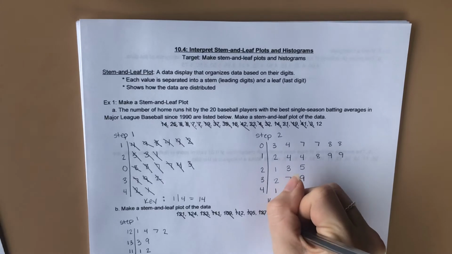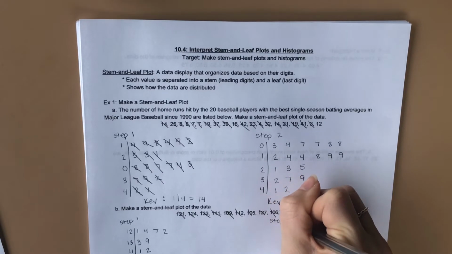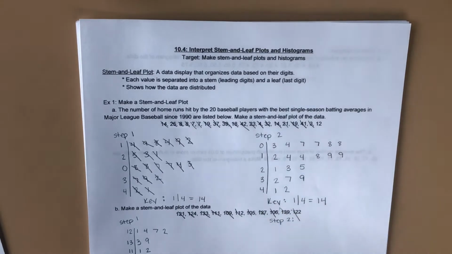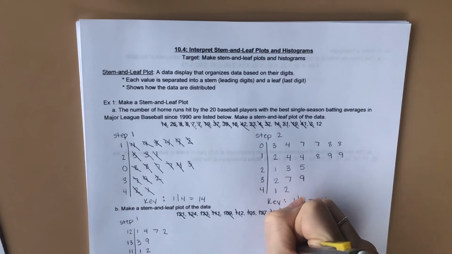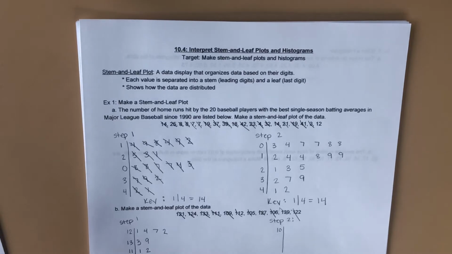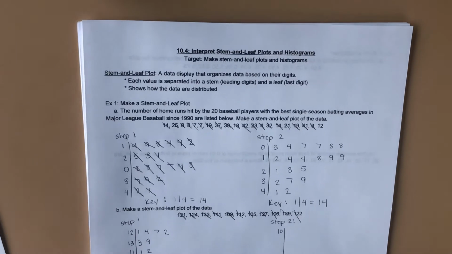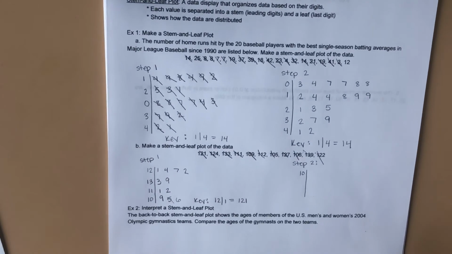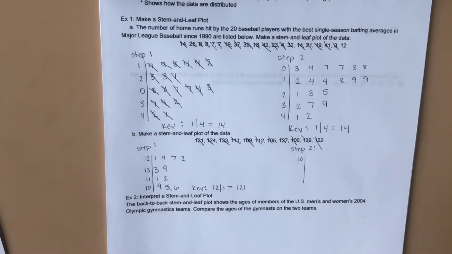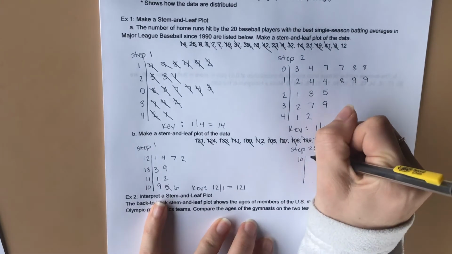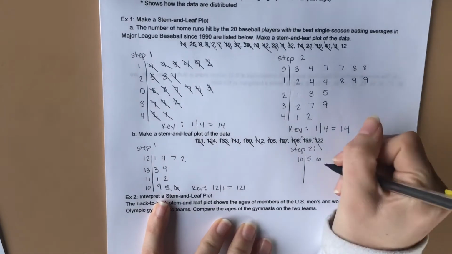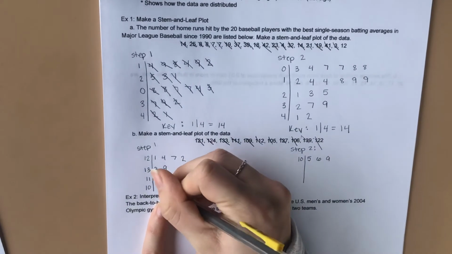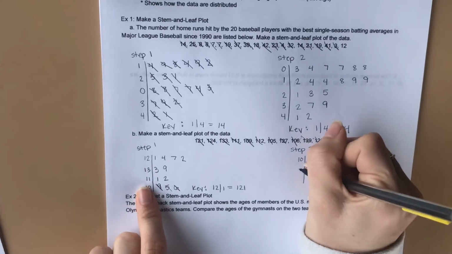Step 2 then is putting these in order. So my smallest number is a 10. We're going to have a 10. Smallest number here is that 5. So I will put, sorry, you guys can't even see that. I will put the 5 here then. Then I have the 6. And then I have the 9. Next number is 11.